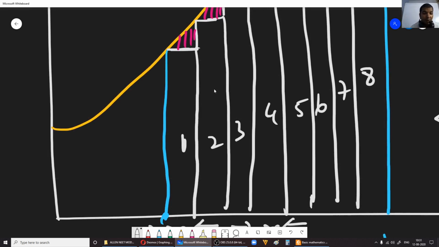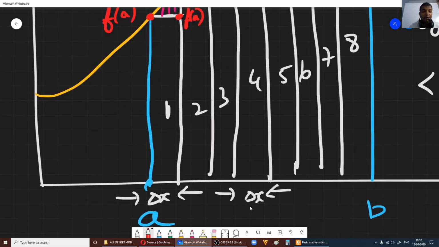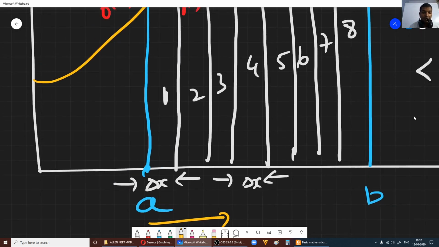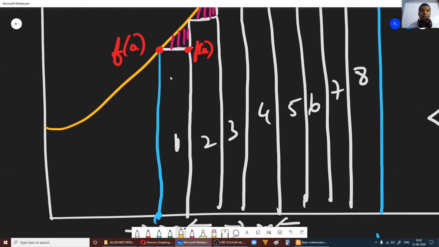Now here, what mistake I did was, see here if this is, say, f of a, do you think this will also be f of a? Obviously this will also be f of a. But don't you think that as I go from left to right, from point A to B, this value has to increase?